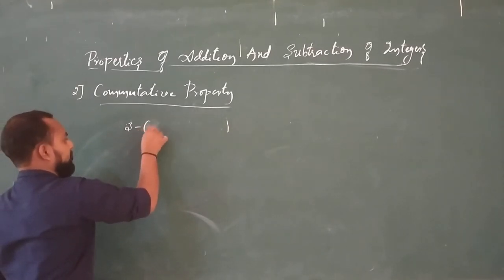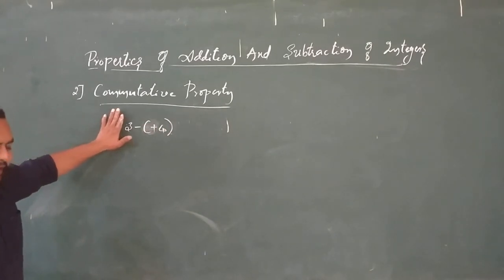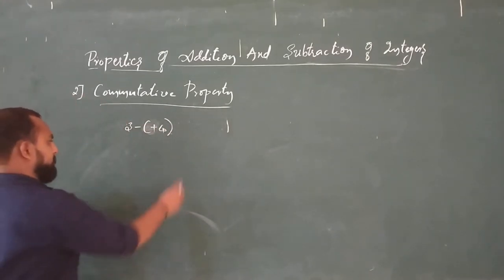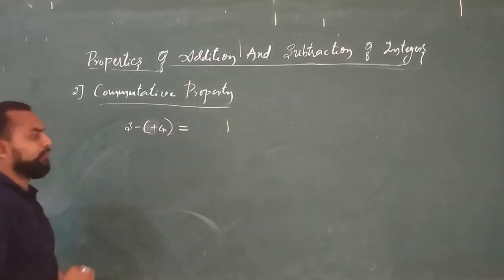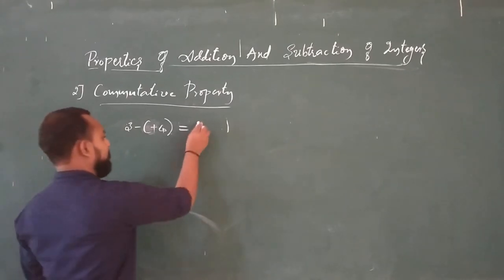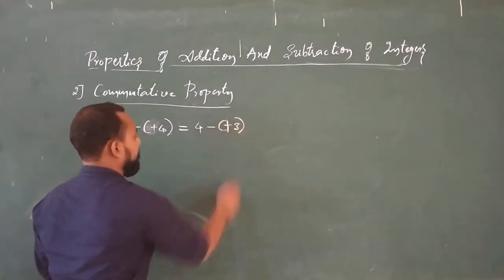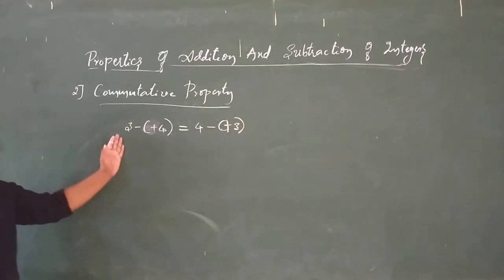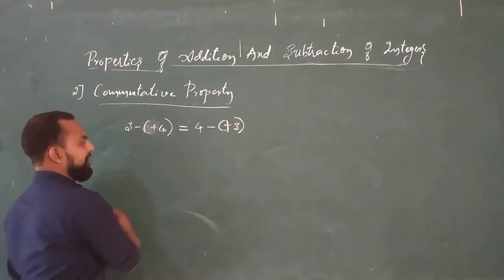Here 3 and 4 are whole numbers. Then 4 minus 3. Here these two are whole numbers or integers.